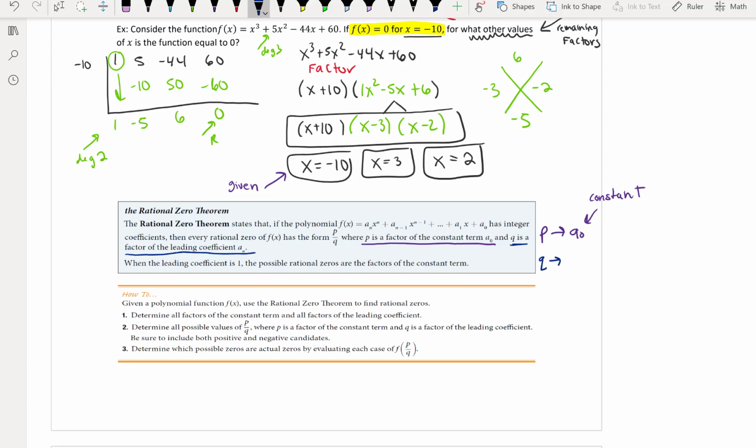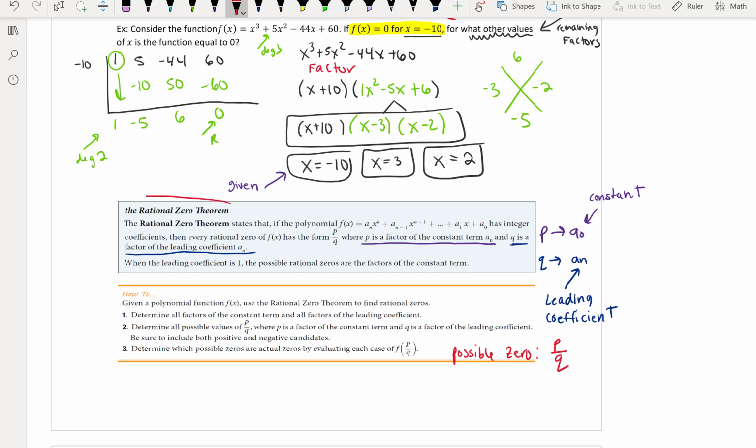So q deals with a n, and that's our leading coefficient. So then we know that every rational zero is going to be of the form p over q. So a possible zero would be my p over my q. Okay? Alright, so hopefully you understand what's going on.